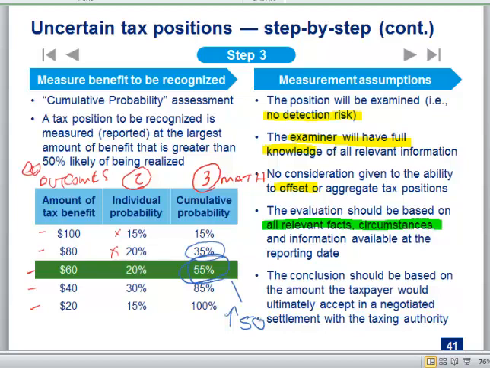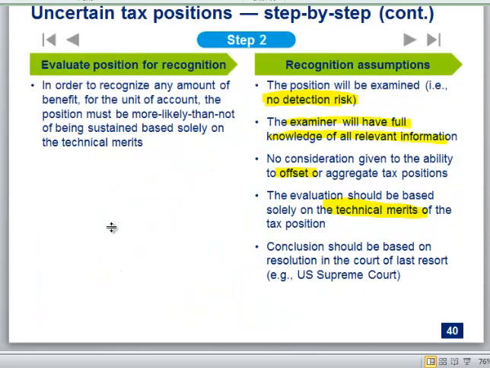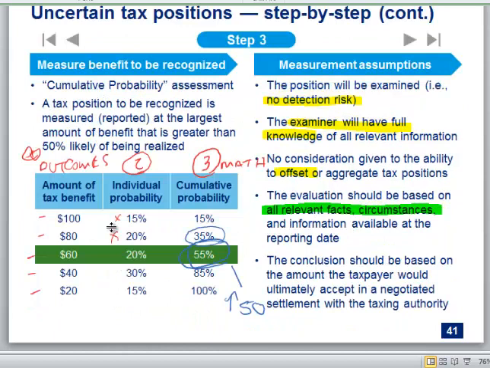Now, as you can imagine, companies might start with the answer in mind. They might start with, well, I want a 40% reserve, so now I got to work on this probability column in the middle here to figure out how I'm going to get there.